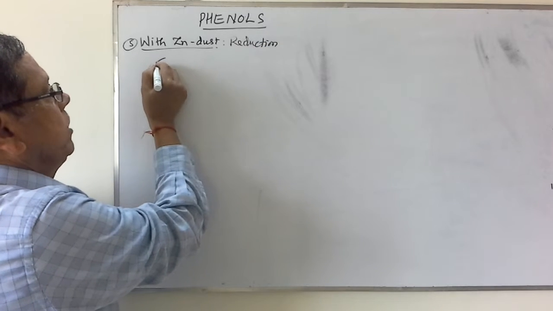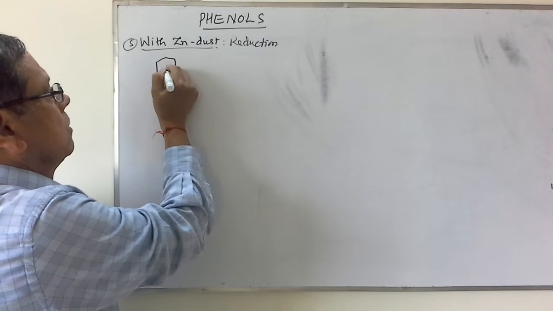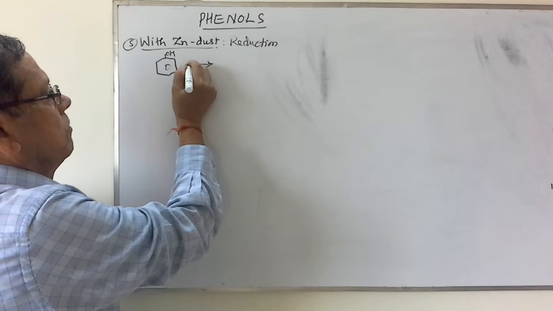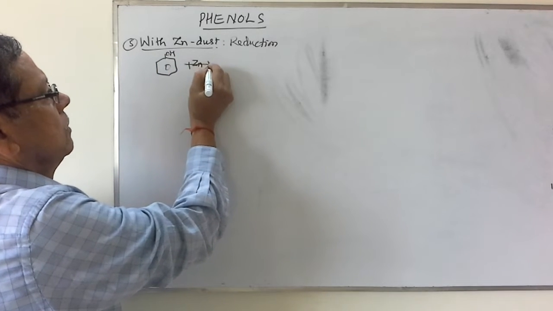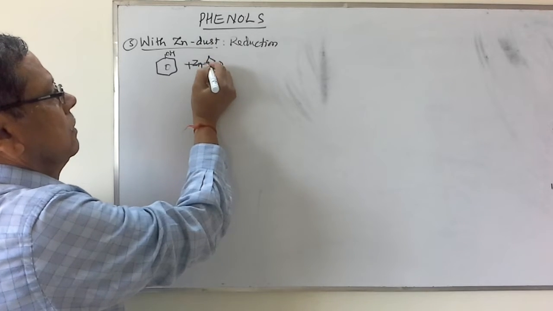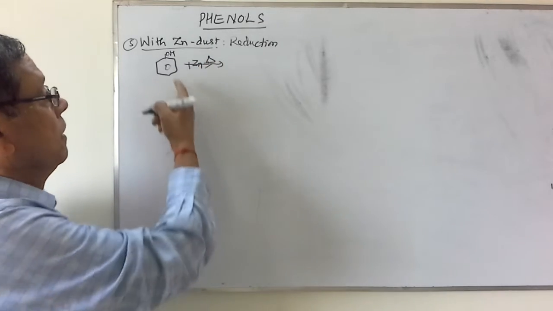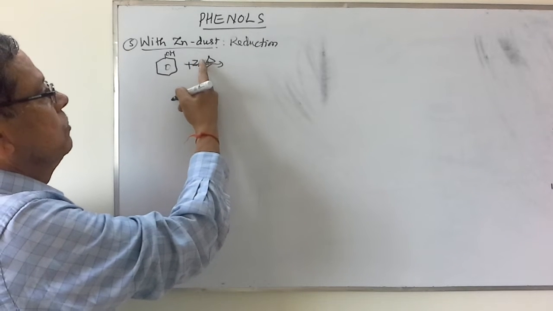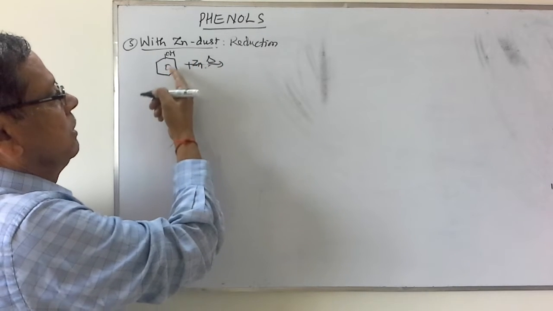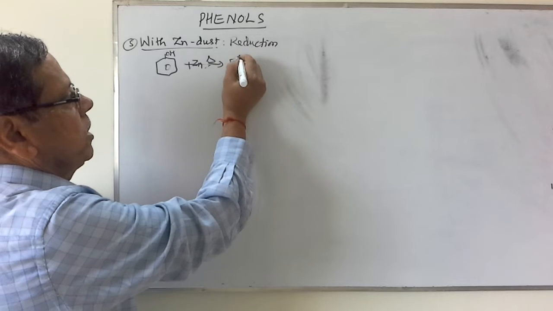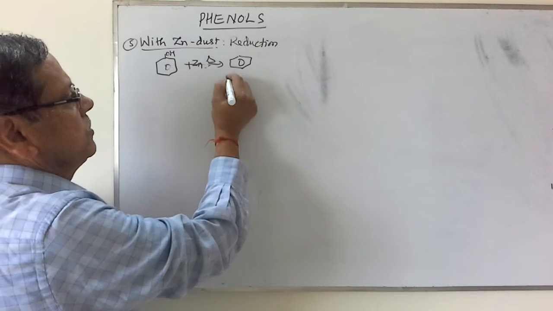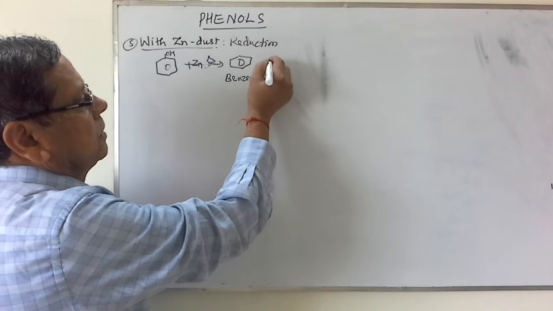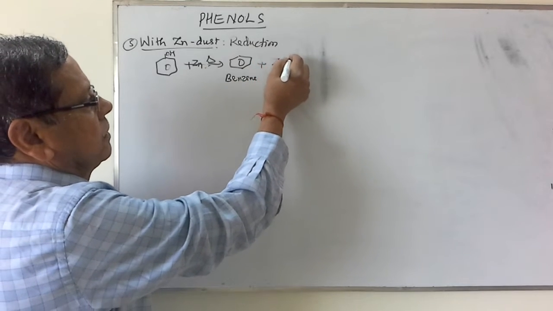That means when you take this phenol and heat with zinc dust, the oxygen atom will be removed from this phenol so that it gives rise to benzene. So the product obtained will be benzene plus zinc oxide.